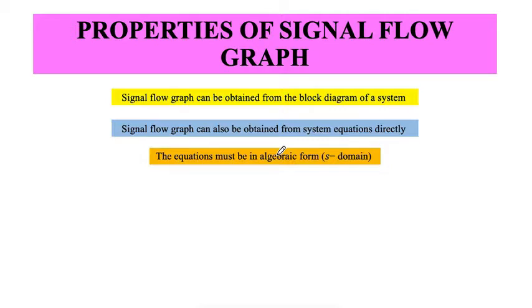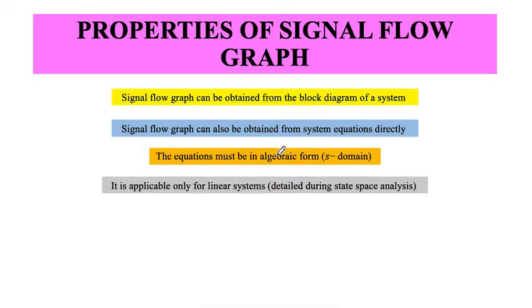We will also do a bit of this during state space analysis, which could be towards the end of the course, but for now we concentrate on the first 3 points here. A signal flow graph can be obtained from the block diagram, it can also be obtained from the system equations directly, and lastly, the equations must be in algebraic form.